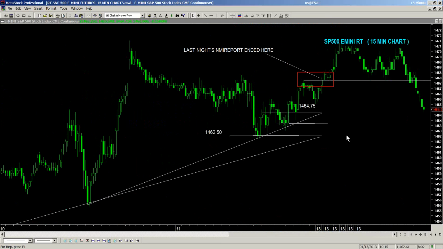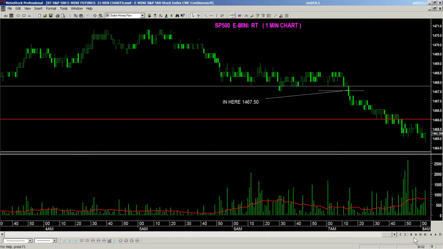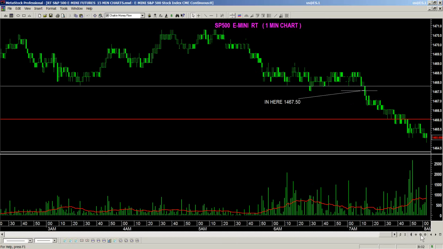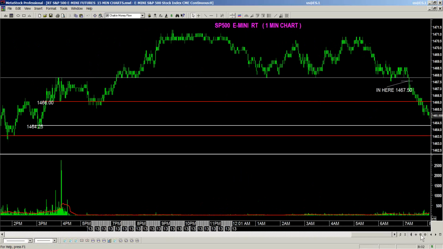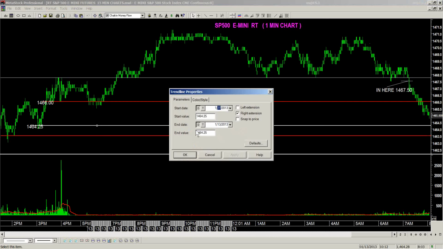Managing the trade. Looking to get out at the price profit target at 1464. Let's change that to 1464.